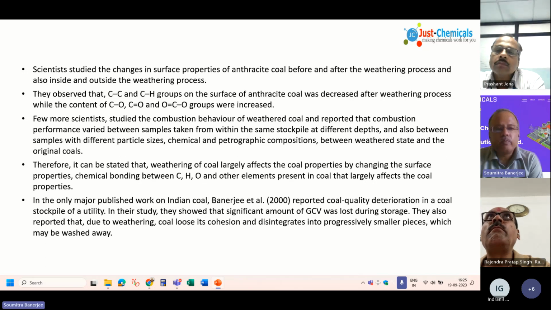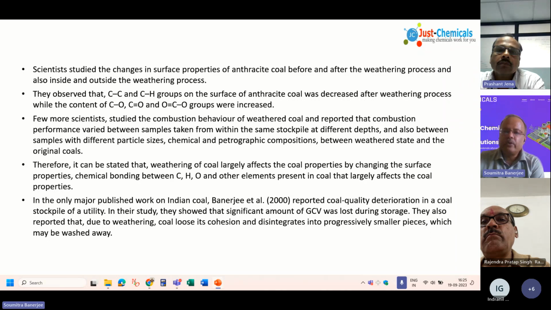Few more scientists from China studied the combustion behavior of weathered coal and reported that combustion performance varied between samples taken from within the stockpile at different depths.